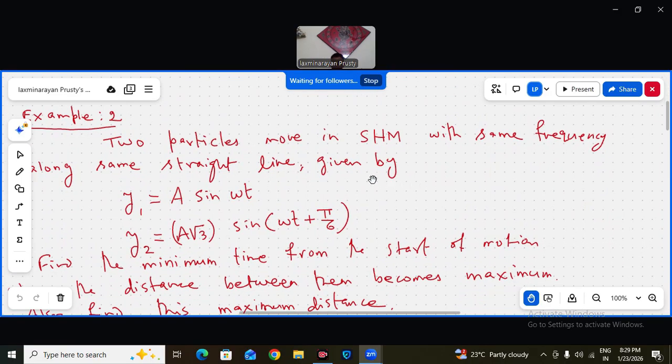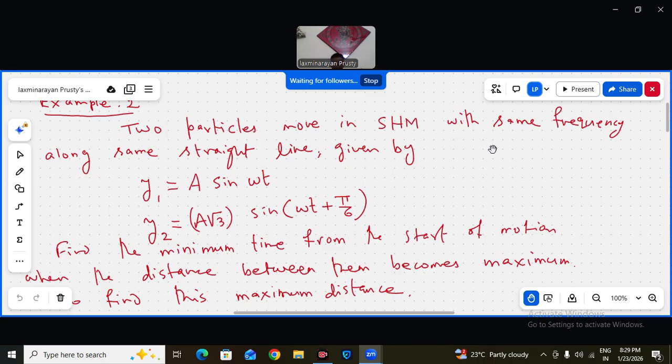Second example. Two particles move in SHM with the same frequency along the same straight line, let's say the y straight line, given by y1 is equal to a sin omega t and y2 is equal to a root 3 into sin of omega t plus pi by 6. This time I gave pi by 6.